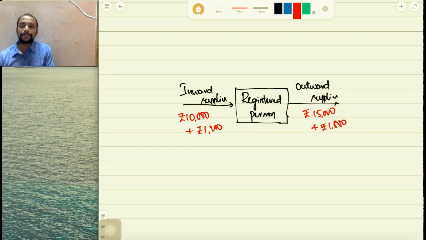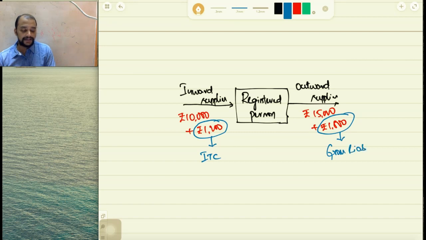So this 1,200 rupees, which is GST paid on inward supply, can be taken as input tax credit and can be adjusted against the GST payable on outward supply. This 1,800 is known as my gross liability. So 1,800 rupees gross liability and 1,200 rupees ITC.